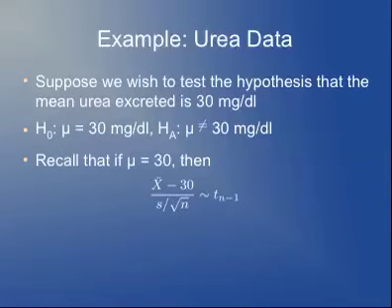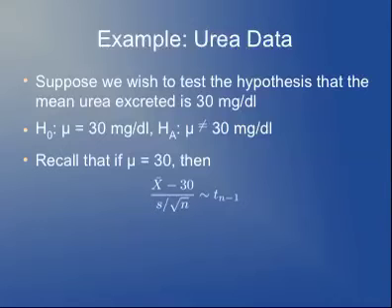This is a little different than before with the birth rate where we had greater than. Here we want to see if mu could be greater than 30 or less than 30. So we're looking at both sides of that bell curve. I'll show you on the next slide. There'll be a little figure that makes it easier to see.